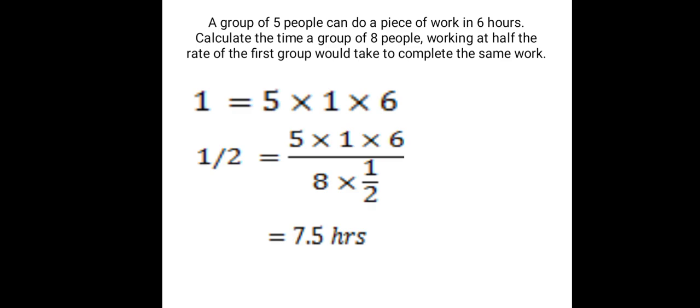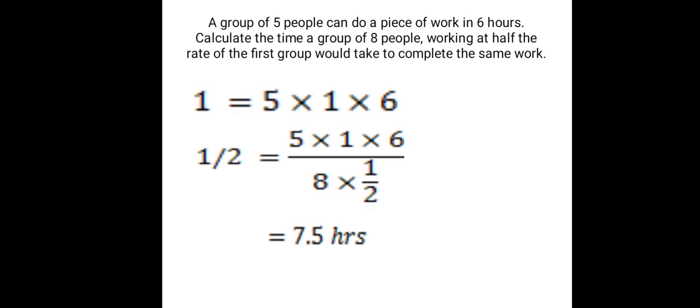Now, if the second group is to work at a rate of half the amount of the first people, because the second group has more people, 8, we expect their work to be lesser, but also more because they are working at half the rate of the other persons.